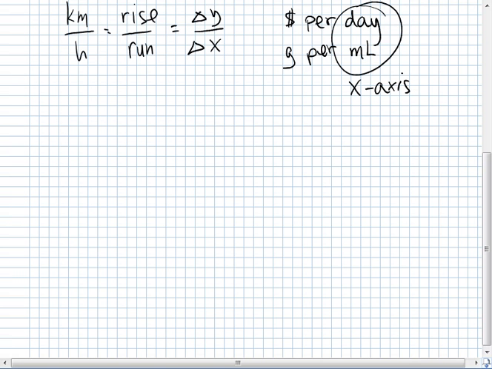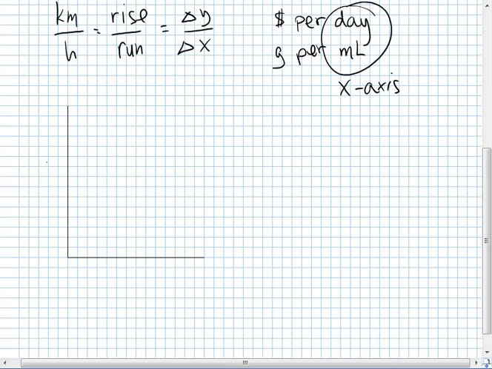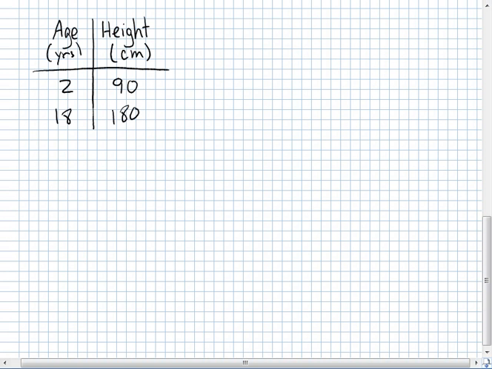So then for our kilometers per hour, if I was to make a graph, then I would put kilometers on the vertical axis and hours on the horizontal axis, the x-axis. Okay, and then we could plot data and calculate a slope based on that, which we'll get to in just a second. So here's an example of something we can look at, looking at your age versus your height, and we all know we get taller, hopefully, as we get older to a certain extent.